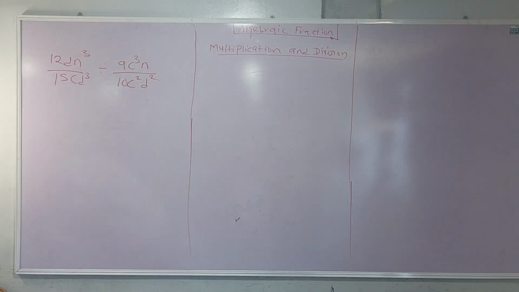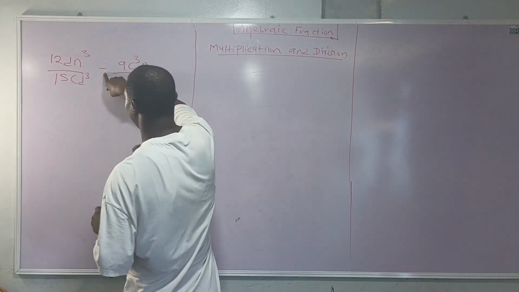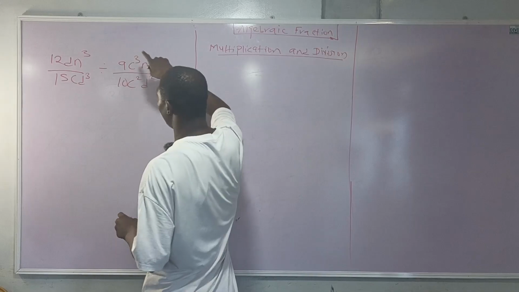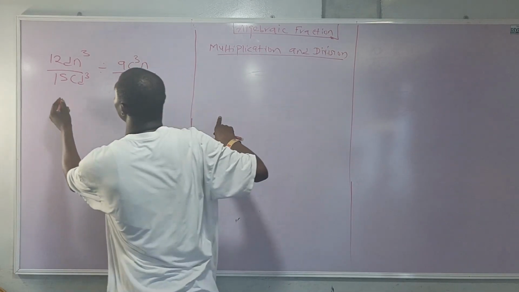So having this, the first thing we ought to do is to convert our division to multiplication, and immediately we do that, we must interchange the top and the bottom value of the right hand fraction. This gives me what?